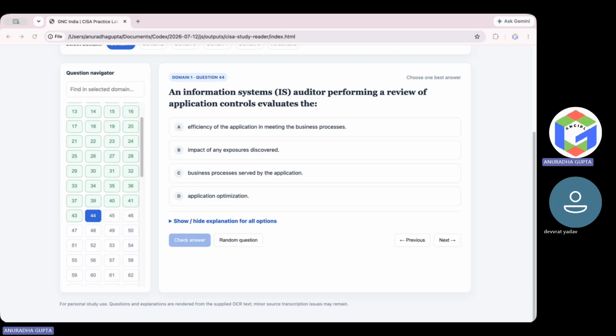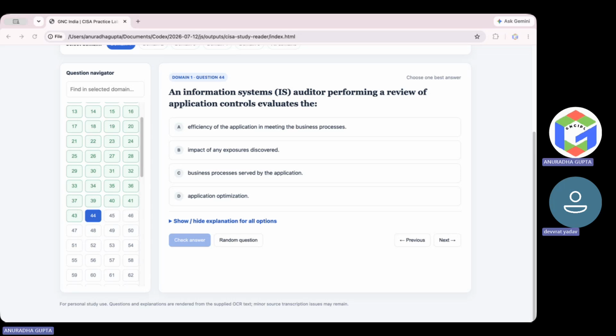So options A, C, and D are related with once the application is okay and free from all vulnerabilities, then they can test the design and operation effectiveness, business process served by the application, and application optimization. All these things are later on things.